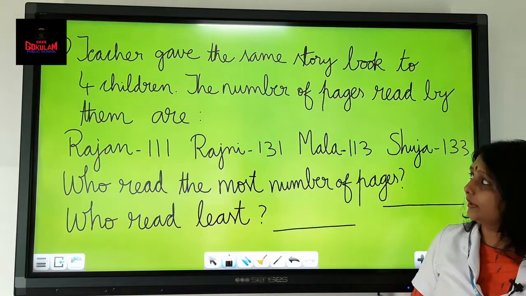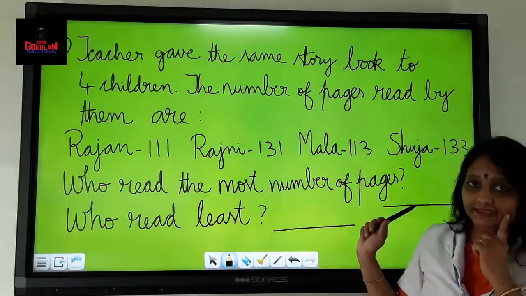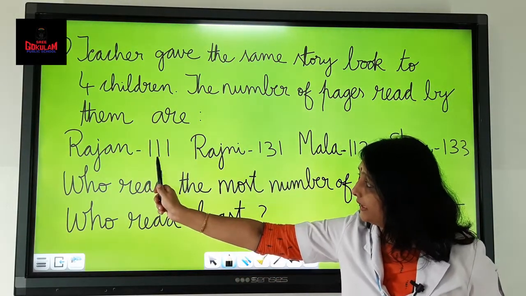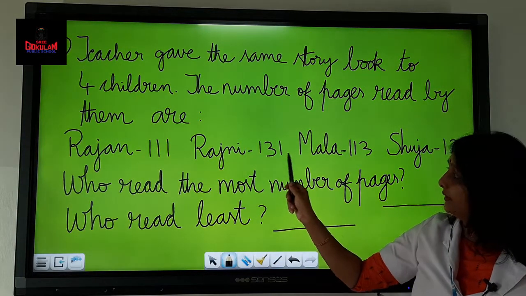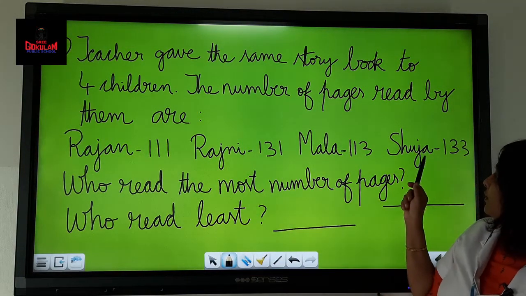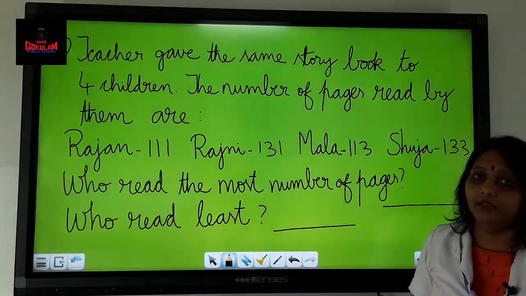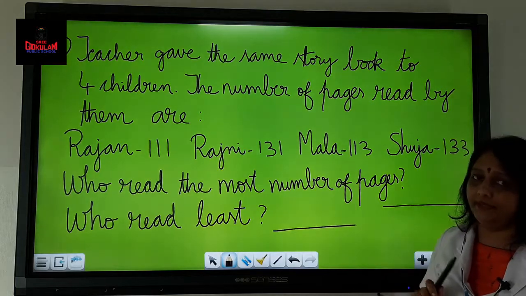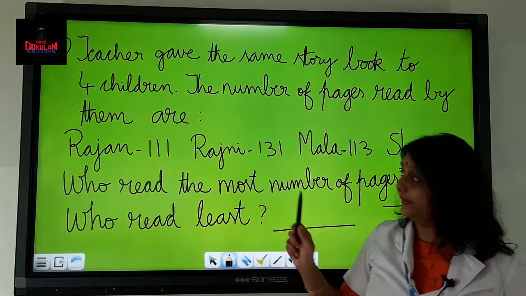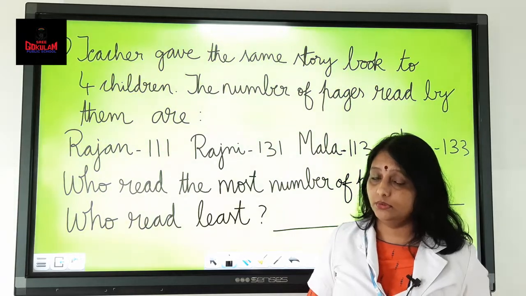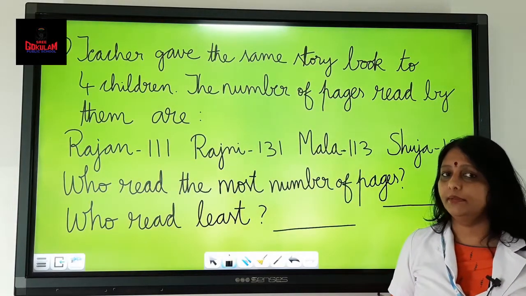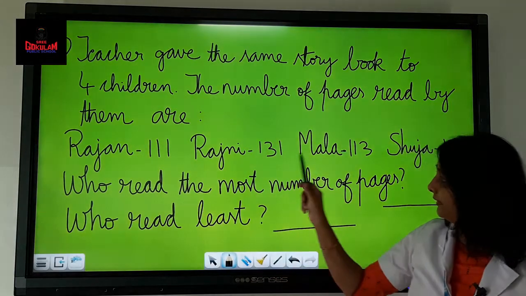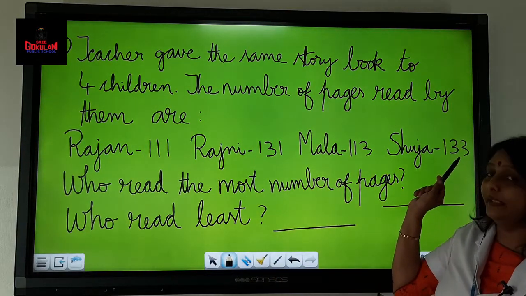Teacher gave the storybook to all the 4 children and they were reading the books, but Rajan could read only 111 pages, Rajni 131, Mala 113, Shuja 133. The question is, who read the most number of pages? Who read the greatest number of pages? So, we have to find out the greatest number among these 4 numbers. 111, 131, 113 and 133.